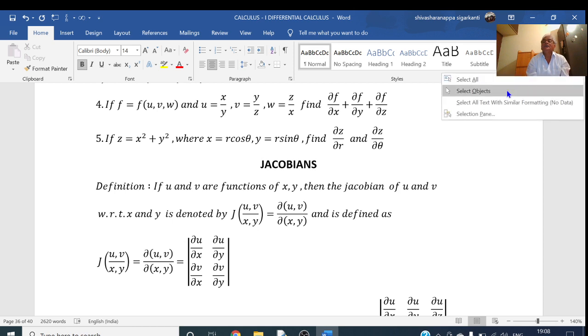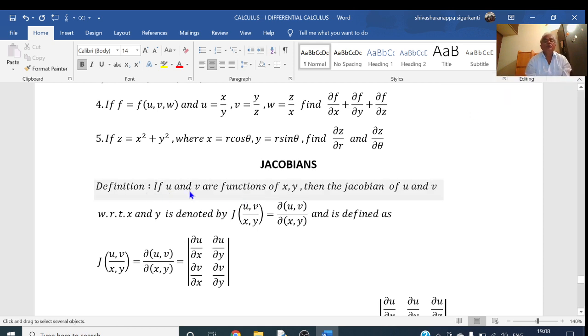So here, if u and v are functions of x and y, then the Jacobian of u and v with respect to x and y is denoted by ∂(u,v)/∂(x,y), and is defined as the determinant where the first row is the partial derivatives of u, second row partial derivatives of v with respect to x and y respectively.